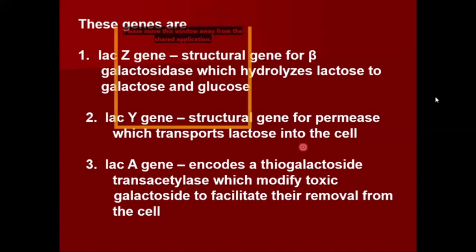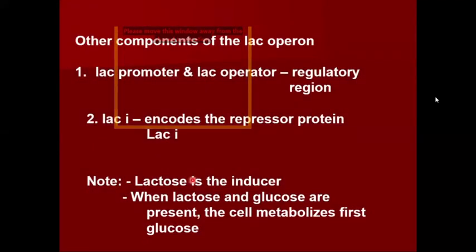LacY gene codes for permease that transports lactose into the cell. So these are the two that are very important. Well, this one is minor. It codes for a trans-acetylase. Okay?